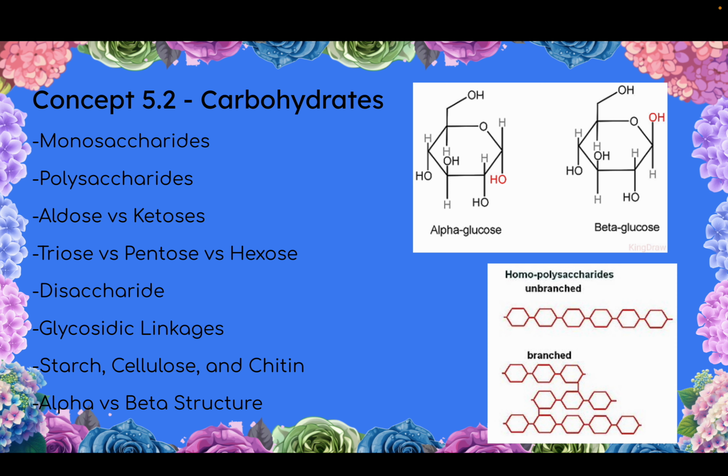Now on the topic of polysaccharides. The things I was talking about before were all mono or disaccharides, like glucose, galactose, fructose, and ribose. But polysaccharides are basically multiple monosaccharides bonded together. As we know, they're polymers, and they're all joined by glycosidic linkages. There's also starch, which is in plants.